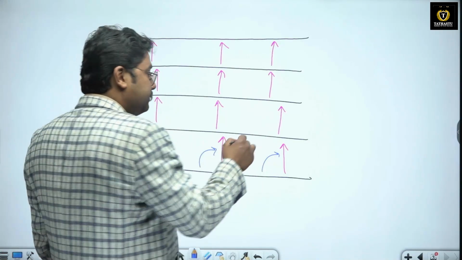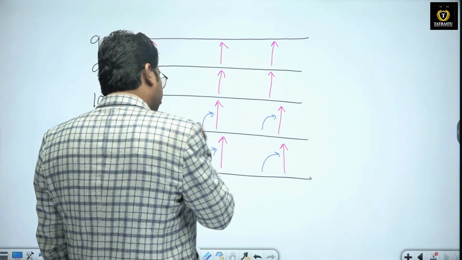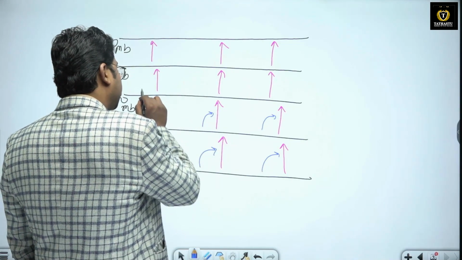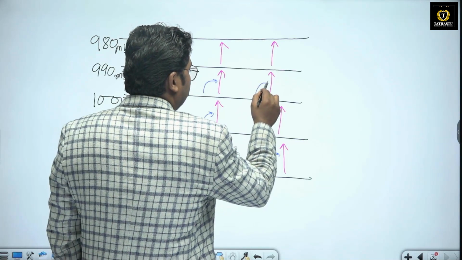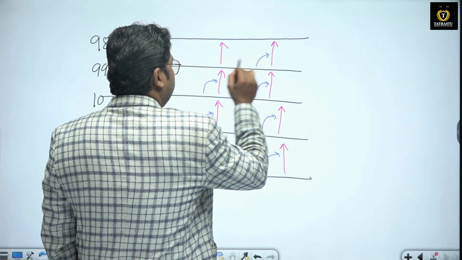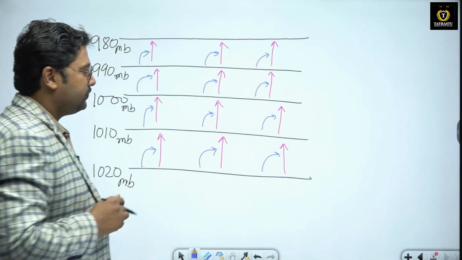If it will be southern hemisphere, it will be deflected towards left of its path. But right now we are considering northern hemisphere. Okay.